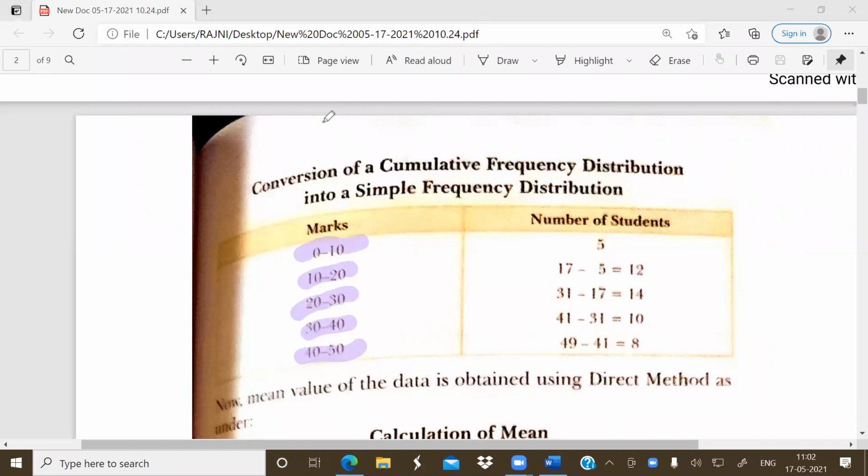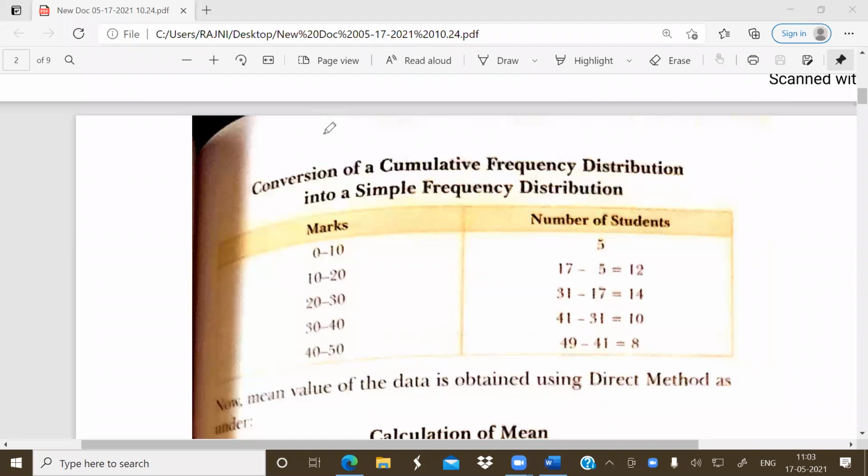After that, what steps will be taken in order to calculate the original frequency? We will deduct the lower limit from the upper limit.